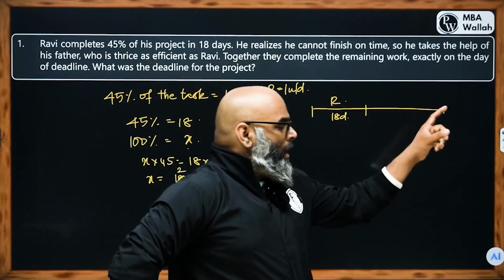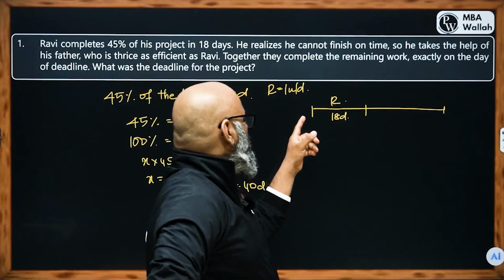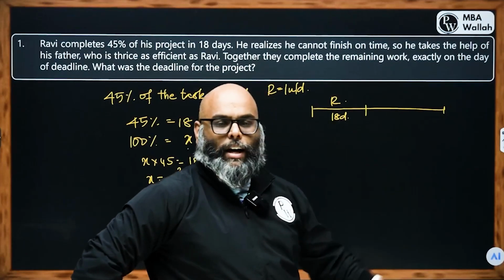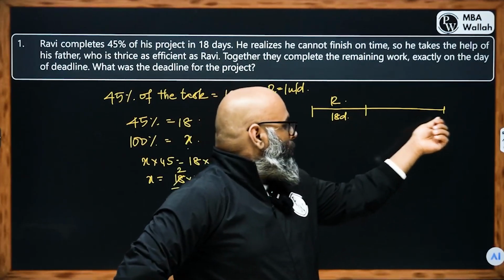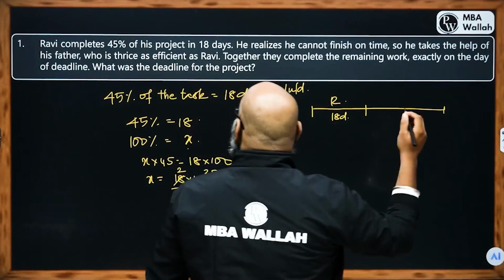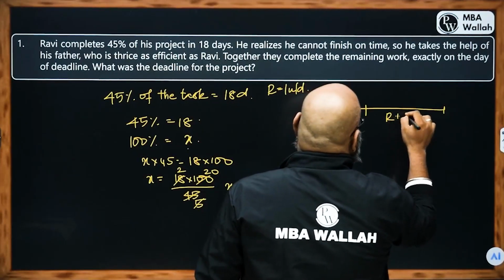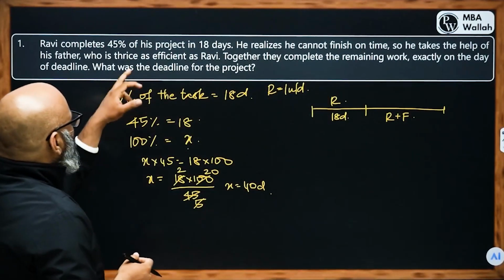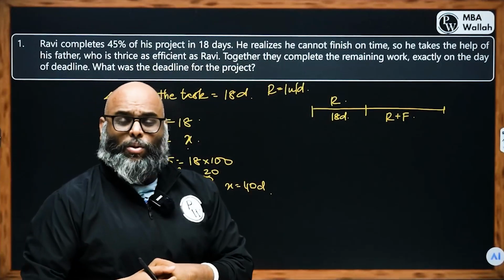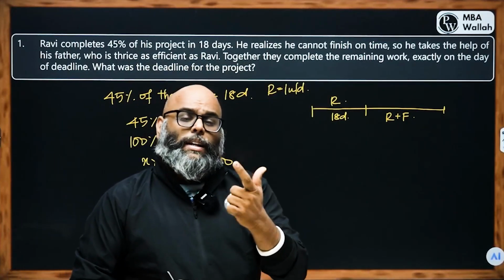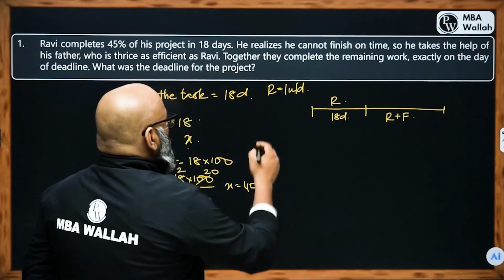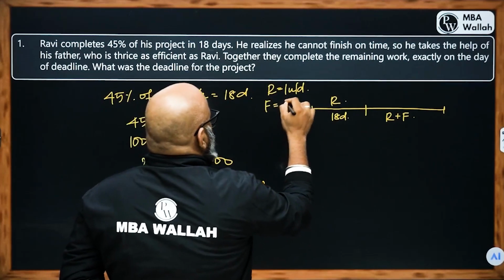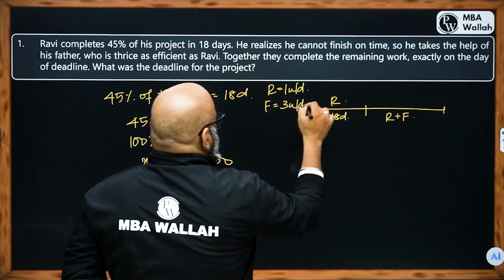Now for the remaining time, this is going to be the 0th day, and this is the last day of the deadline. From here to here, he has taken the help of his father. What is his father capable of doing? He is thrice as efficient as Ravi. So whatever Ravi can do, his father can do 3 times the work. So his father will be 3 units per day.